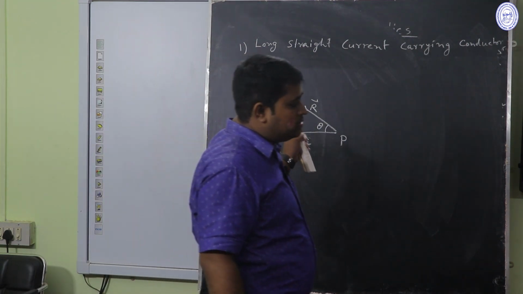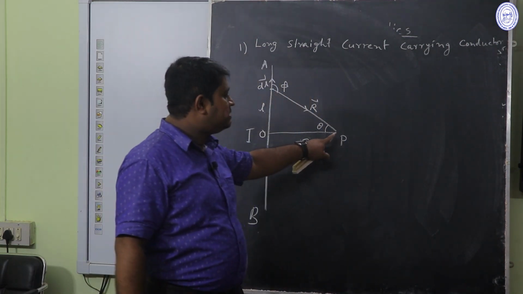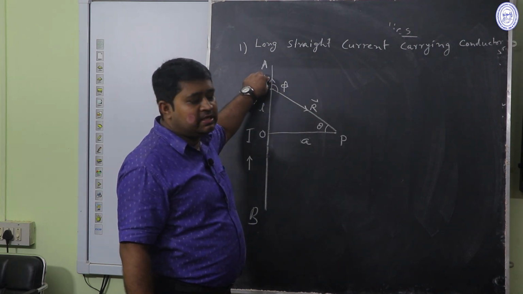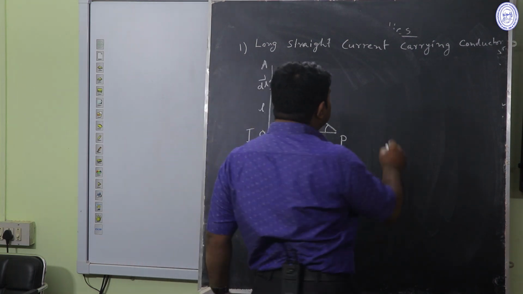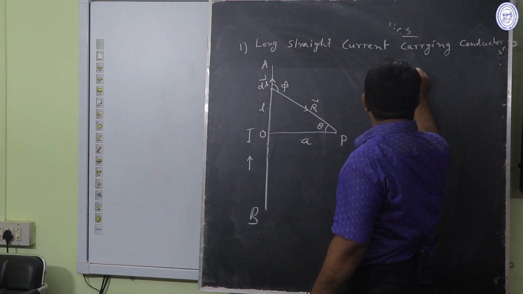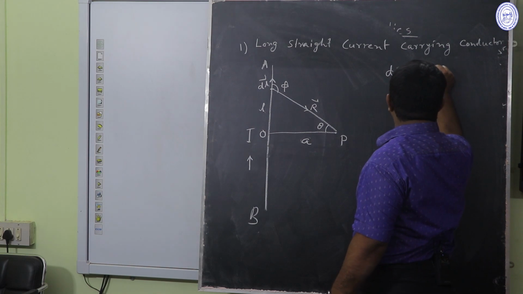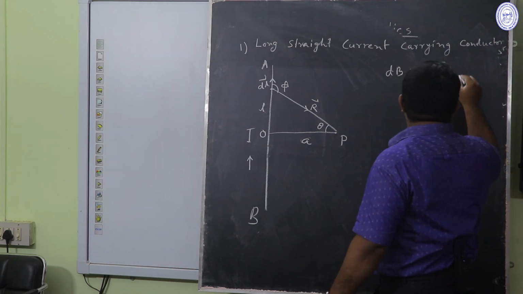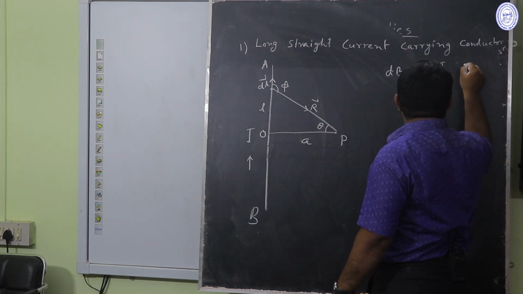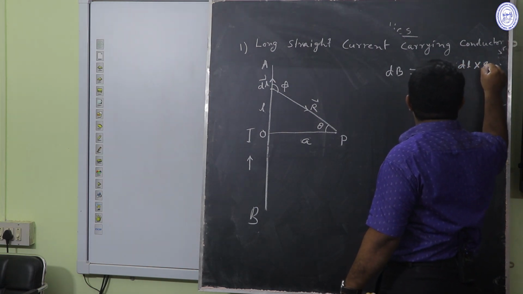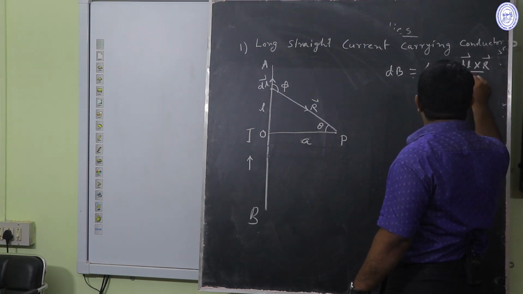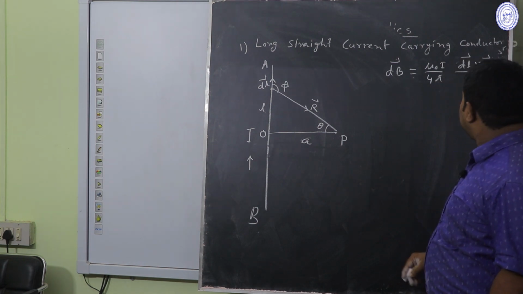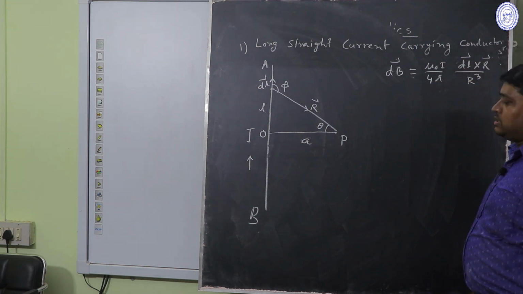So, according to Biot-Savart law, the magnetic field produced at point P due to the elementary length dl is equal to dB, that is equal to mu 0 I by 4 pi dl cross R by R cube.